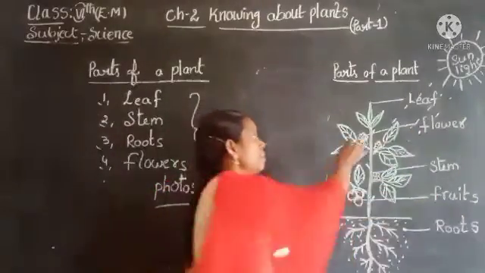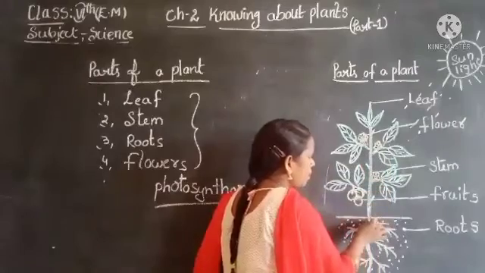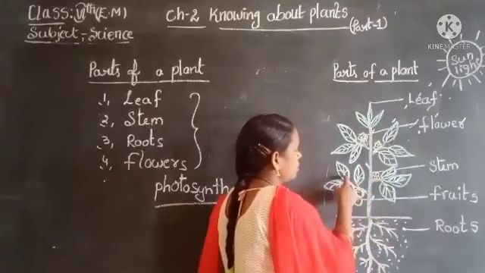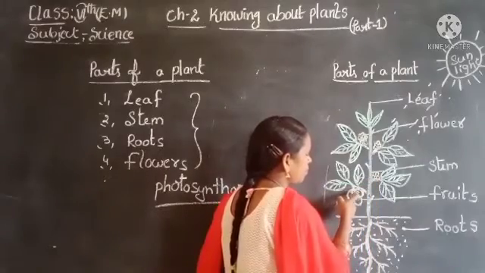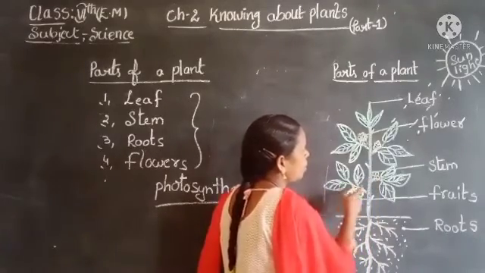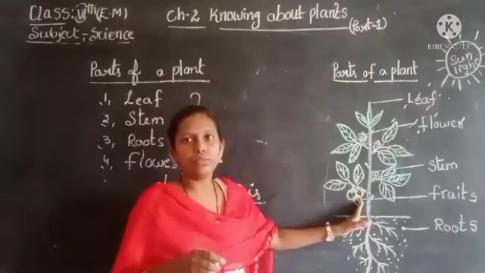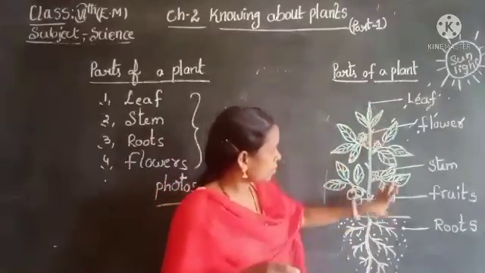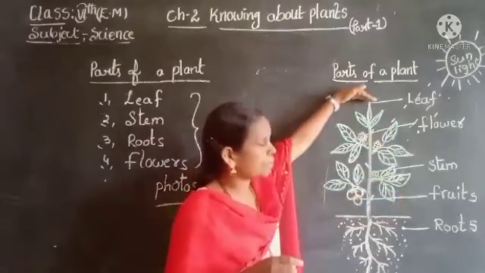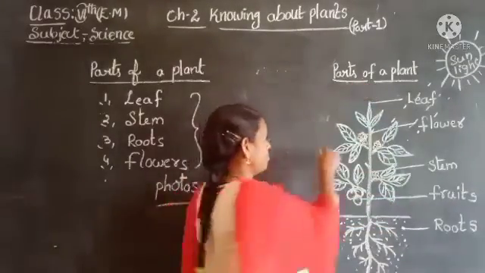Second one, stem. The stem is bearing all the parts of the plant. See, the leaves are on the stem, the flowers are on the stem and all the fruits are also on the stem. It is the main part of a plant. There are two systems. This is called the upper part of a plant, the shoot system.